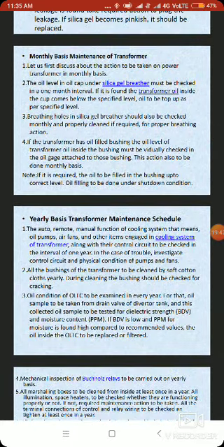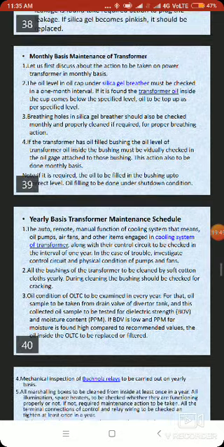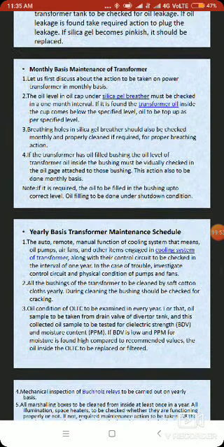If an annual shutdown is there for the transformer, what are the jobs to be done? We are checking the auto and manual operation of the cooling system. That means the oil pumps, the air fans, and the other items engaged in the cooling. As we discussed earlier, we have external cooling fans, like for the ONAF system, mounted on the radiator.